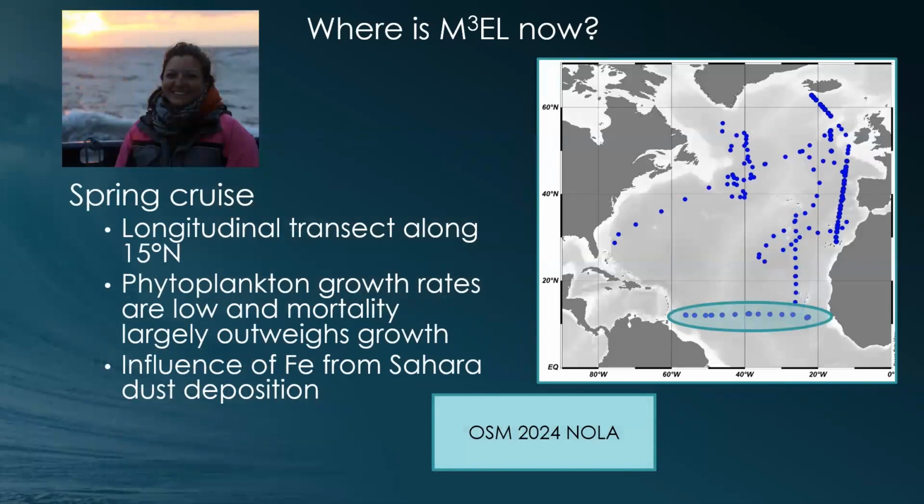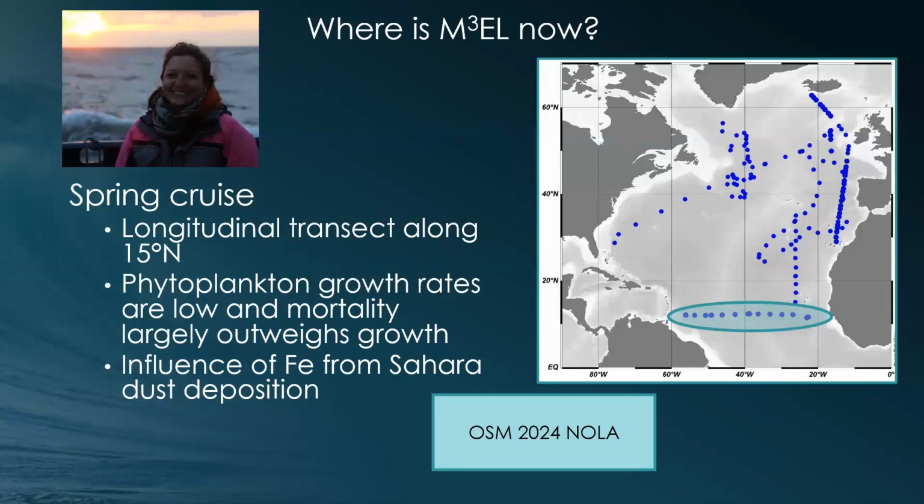I am also working on another cruise that looks at a longitudinal transect, one of our first ever. And this is actually in the equatorial zone. So much different conditions, much more stable. We don't have this really strong dynamic and mixing. Because of this, we have found so far that the phytoplankton growth rates are low and mortality largely outweighs growth.